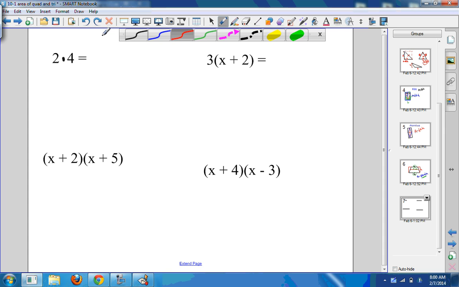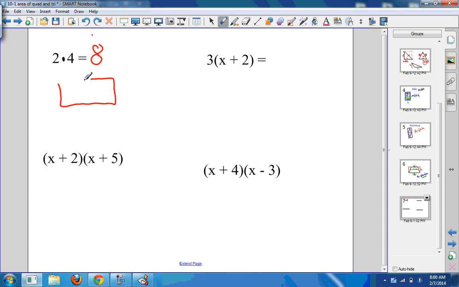The idea of multiplication is that we have a unit that is 2 times a unit that is 4. So this object is 2 units long and 4 units long this way. If we count all our pieces, 1, 2, 3, 4, 5, 6, 7, 8, it is equal to 8. 2 times 4 is equal to 8.